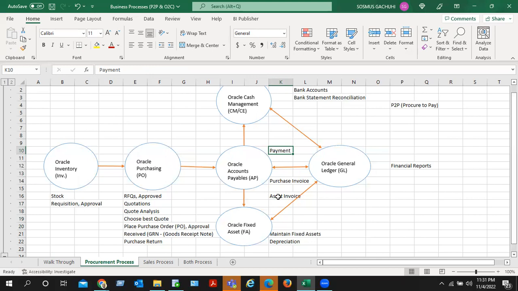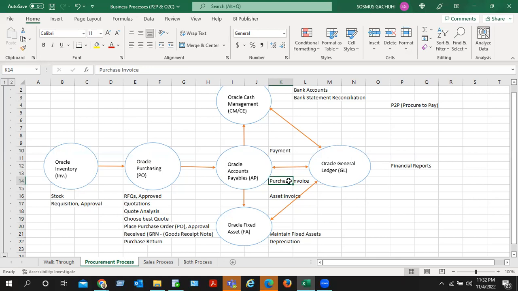The other function is that once the information Oracle Accounts Payable has received relates to an asset for an organization, that is, it's not an expense invoice, it's not an inventory invoice. An inventory invoice is perhaps for things that you are purchasing to restock or resell.